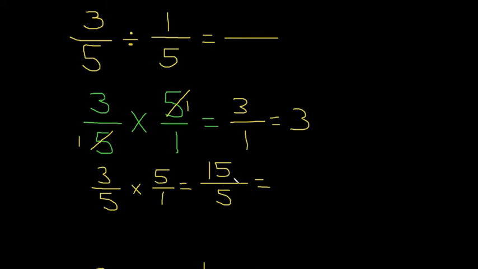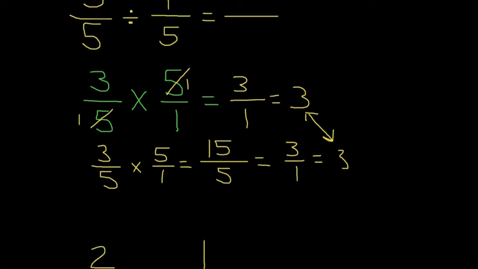Now I would notice that both these numbers end in 5, so they're divisible by 5. How many 5s go into 15? 3. How many 5s go into 5? 1. And we end up with the same answer. So if this is comfortable, by all means do it. If you're not comfortable with it, do it this way.